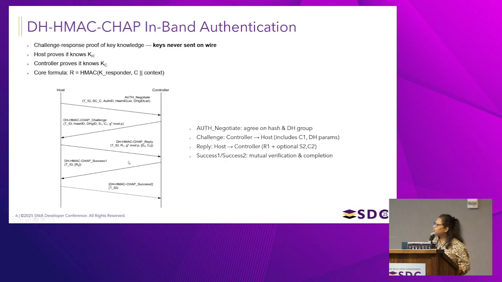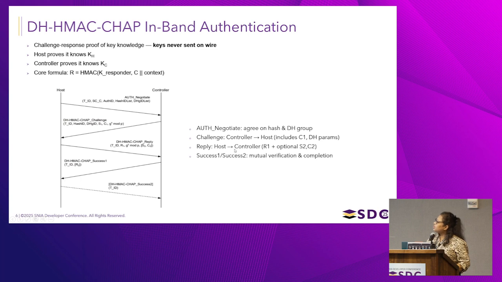So when unidirectional authentication is completed, if bidirectional authentication is configured, the host will create a challenge and send it to the controller using the controller's key. The host should now be provisioned with the controller's key. It will use that key to create a challenge, and the controller will now use its own key to create a response. And if this response matches the one with the host, the entire transaction is successful.